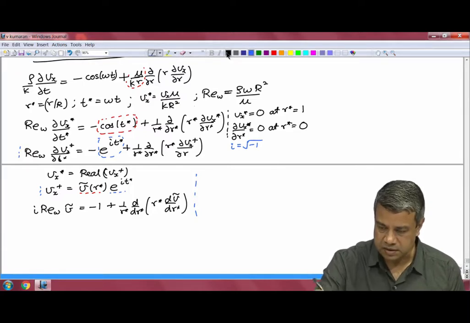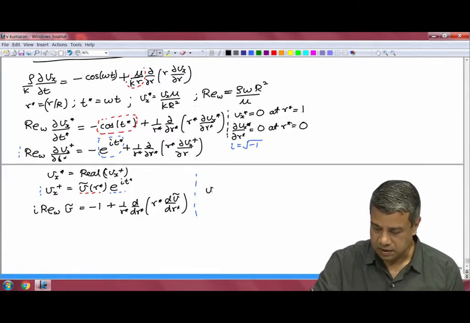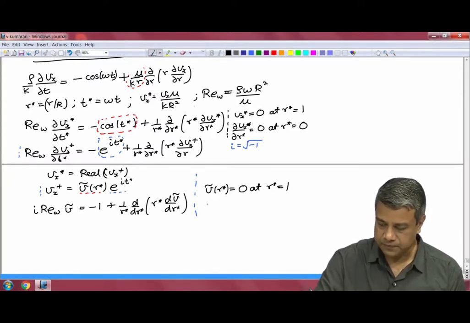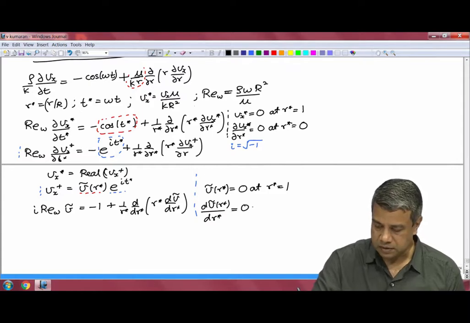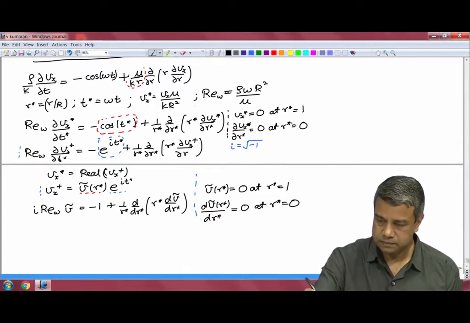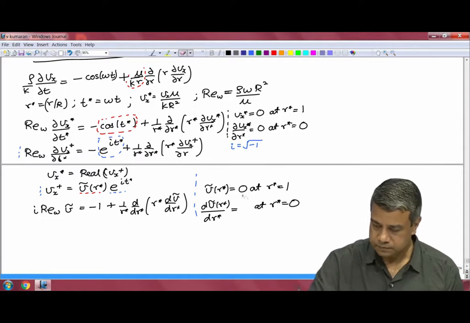The velocity is equal to 0, V tilde of r is equal to 0 at r star is equal to 1, and d V tilde is equal to 0 at r star is equal to 0.